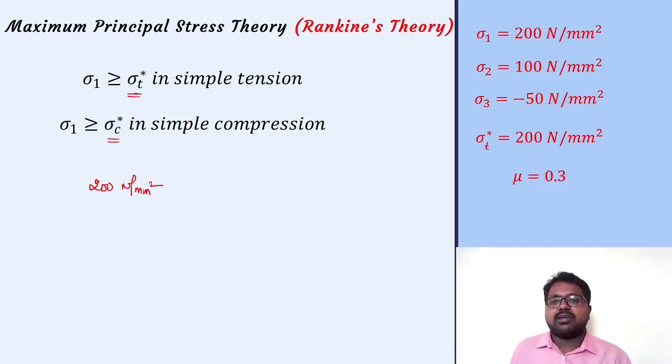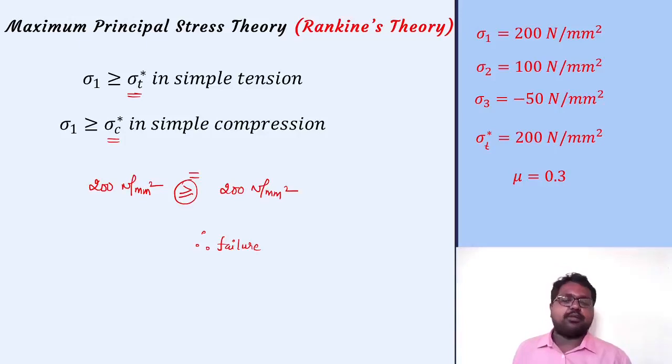So according to maximum principal stress theory, if sigma 1 is greater than or equal to sigma T star in simple tension, member will fail. Here we satisfied the condition, both are equal. So according to this theory, failure will occur. This is from the first theory of failure.